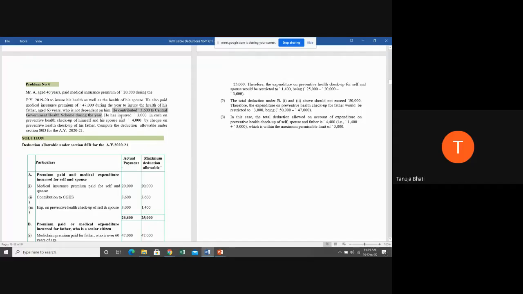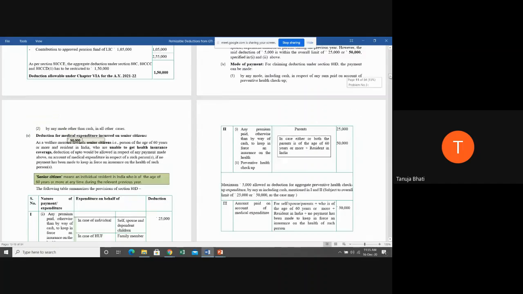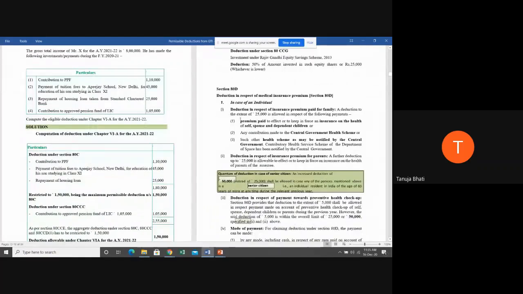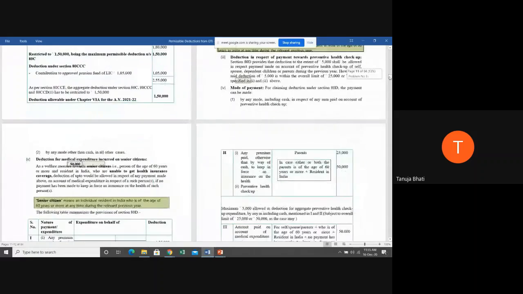Yes, students. Does contribution to the central government health scheme get covered under Section 80D? Yes, ma'am. Yes, it is covered, because apart from the premium that you're paying, any contribution made to the central government health scheme is also covered under Section 80D.